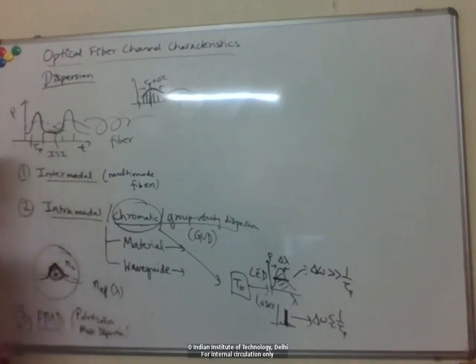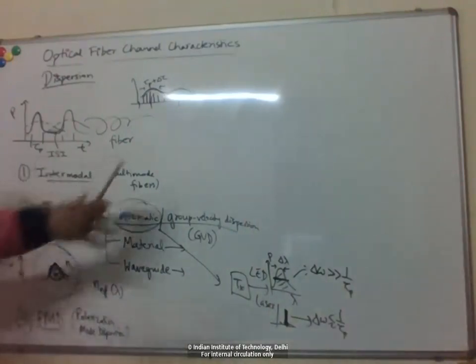You can see that if the fiber is perfectly circular, then these two polarizations, vertical and horizontal, can be treated as linearly polarized modes in this limit of small index contrast. So they can either be vertically polarized or horizontally polarized. And if it's a perfect circle, then these two would be degenerate modes. So all their properties will be the same and they will travel at the same speed.